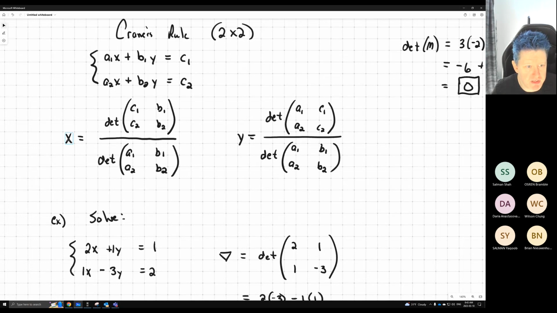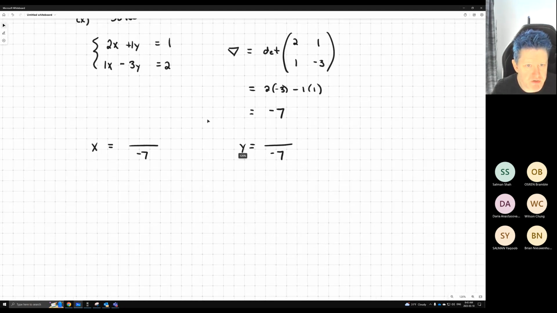So the way my little trick works is, if you look carefully here, if I'm looking for x, then I'm really using my denominator determinant, but I'm replacing the x column coefficients with the right-hand side.